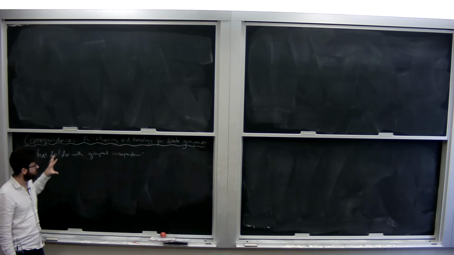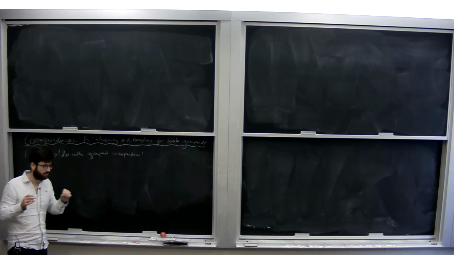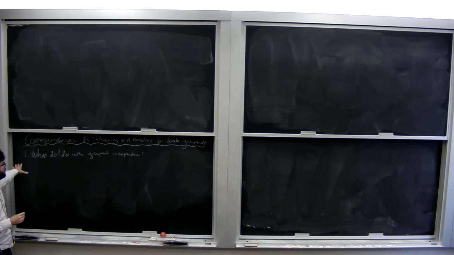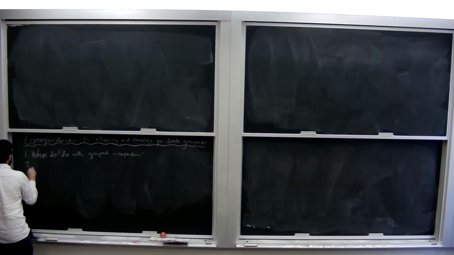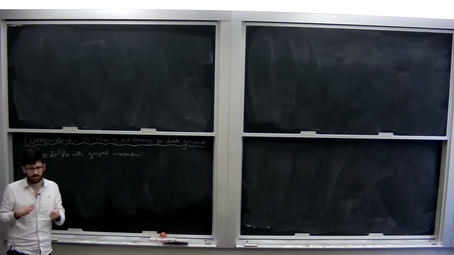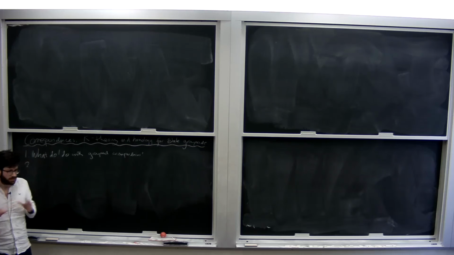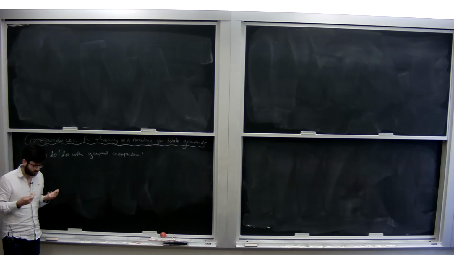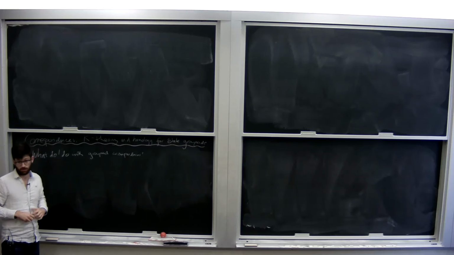Really the talk is going to be split into two halves. In the first half, I'm going to talk about what I do with these things that people have called groupoid correspondences. And in the second part, I'm actually going to tell you what they are. I'm going to try to give you lots of examples to show how general a framework they are for lots of different kinds of morphisms of groupoids.